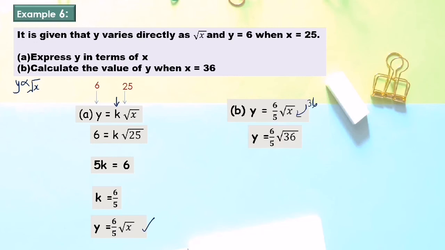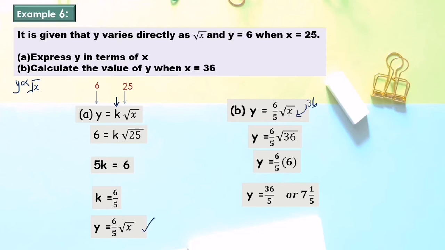So y equals to 6 over 5 square root of 36, equals to 6 over 5 multiplied by 6, because square root of 36 equals to 6. The answer is y equals to 36 over 5 or 7 1 over 5.